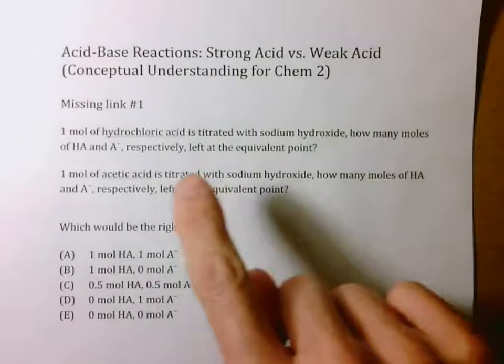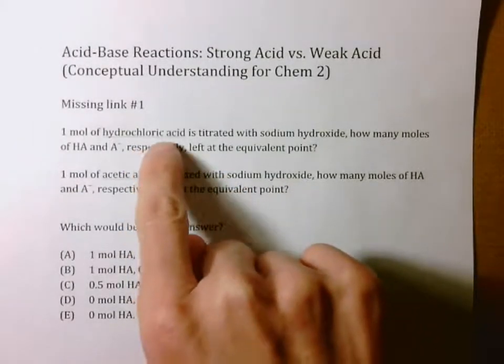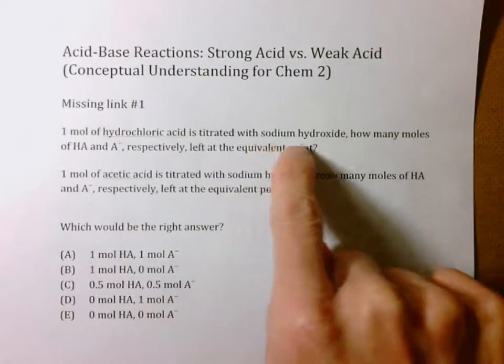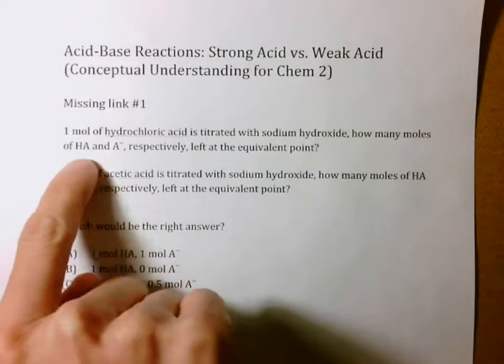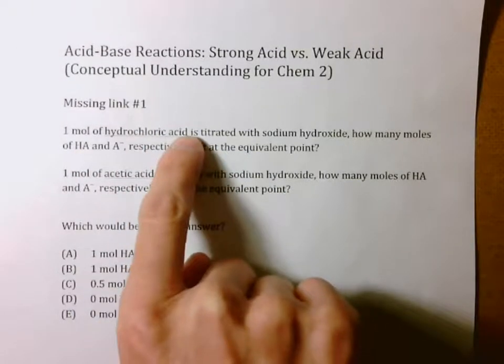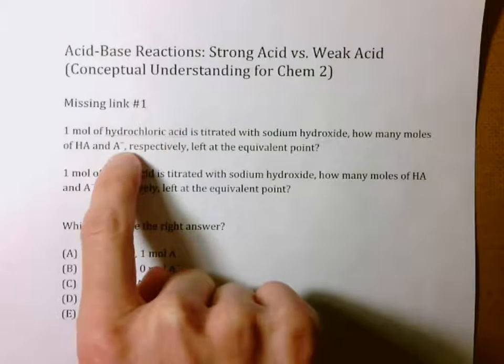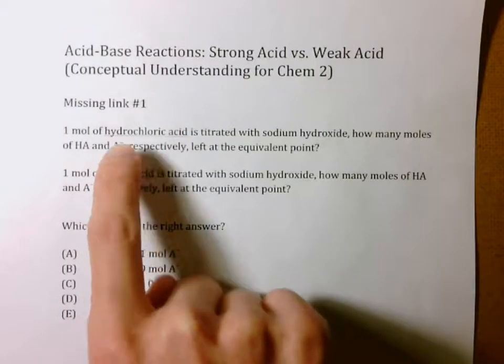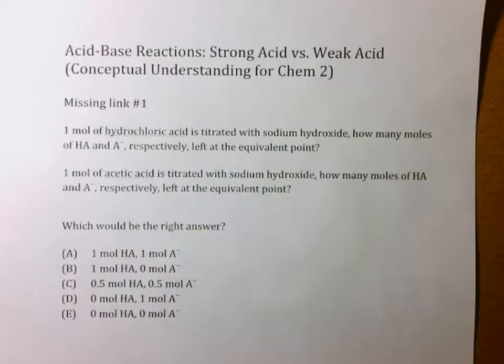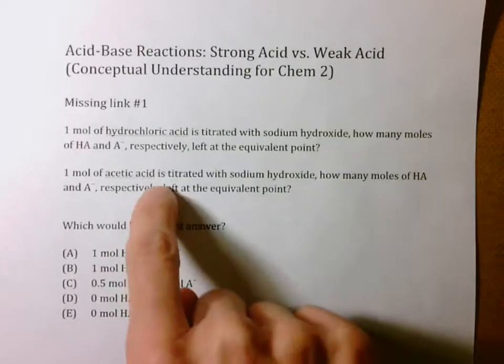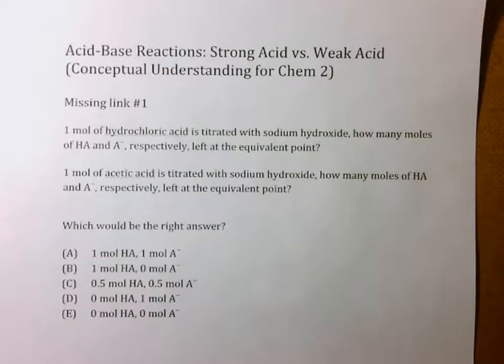If I have 1 mole of hydrochloric acid titrated with sodium hydroxide, how many moles of HA, that's hydrochloric acid, A minus, that means it's chloride, are left at the equivalence point? And I have the second question, it is identical. So I'm going to pause for a minute and see which answer you're going to pick.